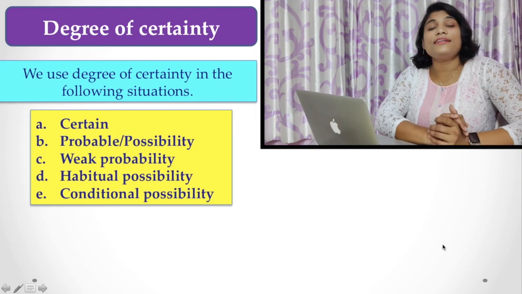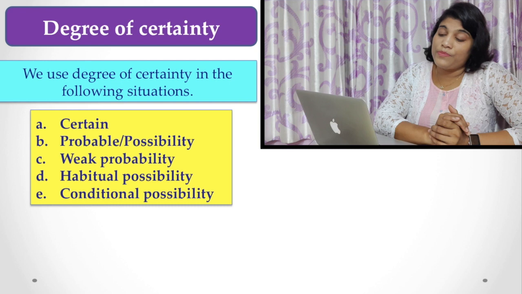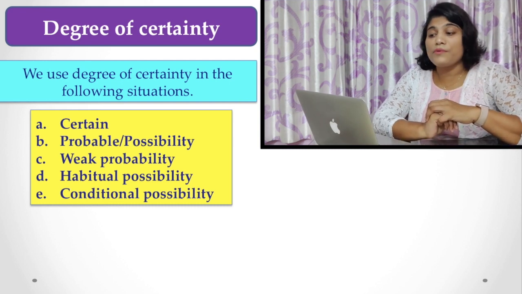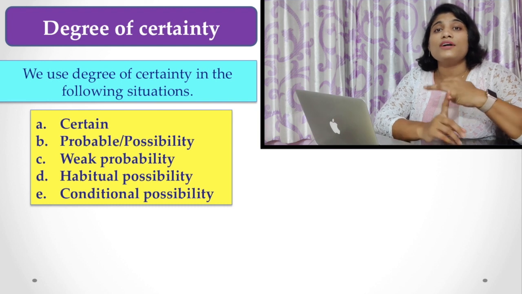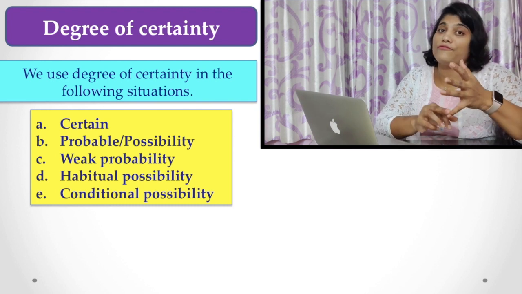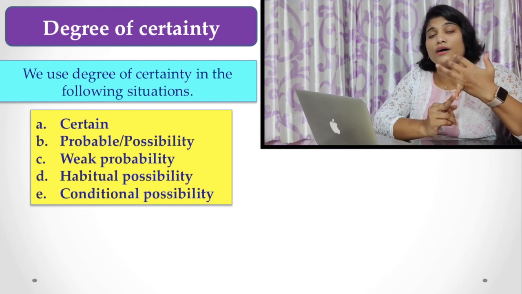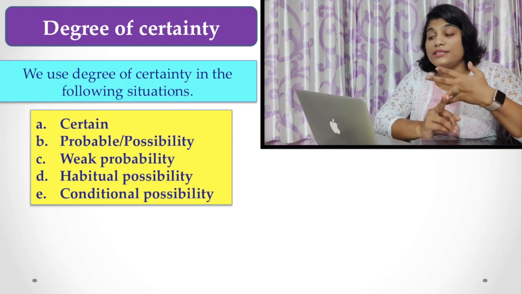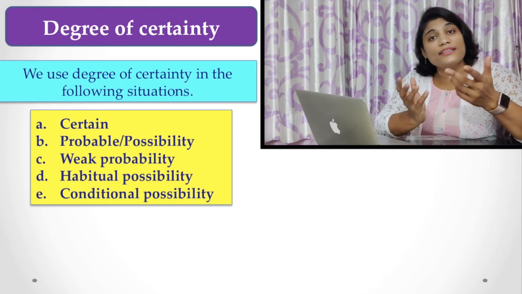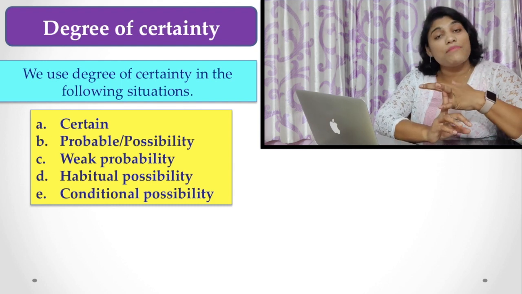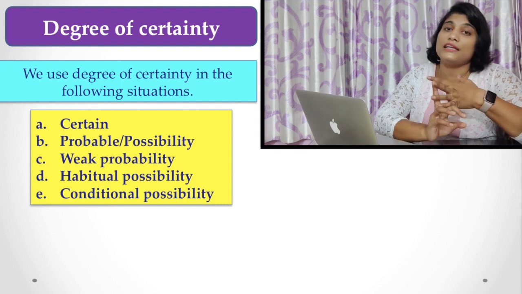Now, what is the degree of certainty then? In which cases do we use that? For example, when we are certain or we think it is obvious and inevitable, we have to use the modals in case of degree of certainty. Sometimes it is probability or possibility. In case of weak probability, that is, it may be or might be, habitual probability and conditional probability.